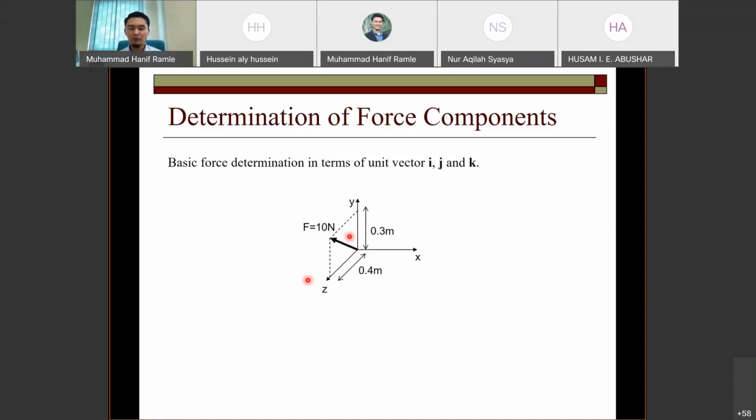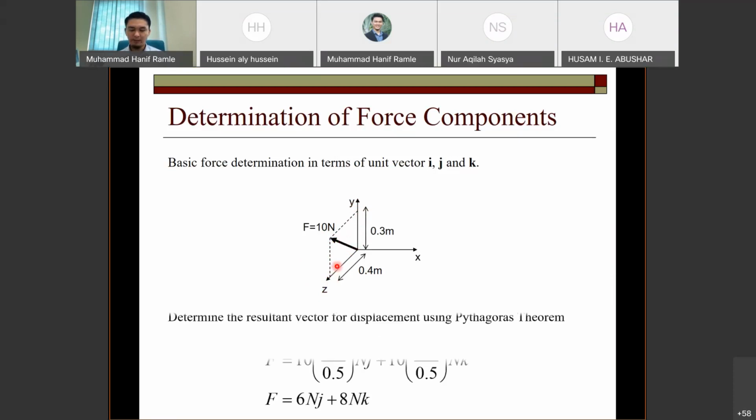So you have to resolve this force into two components, for Y and Z. You will get this one. It is similar to 2D because it only involves two axes, Y and Z. So you have to use the Pythagoras theorem to resolve the forces.